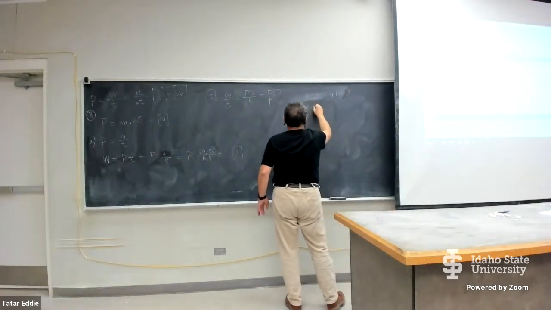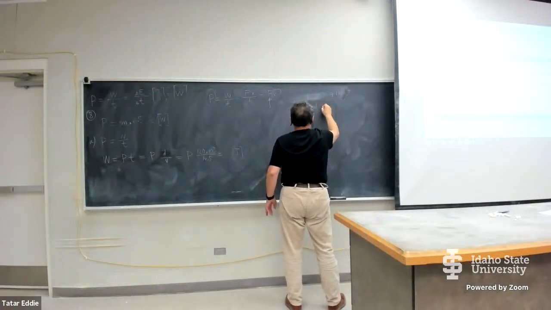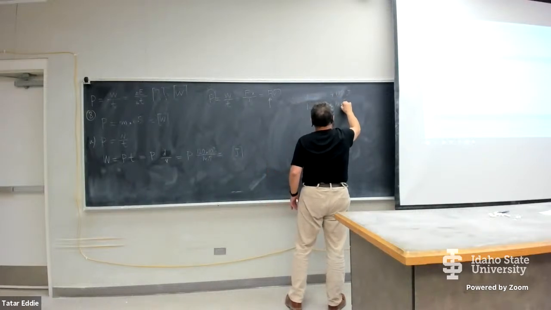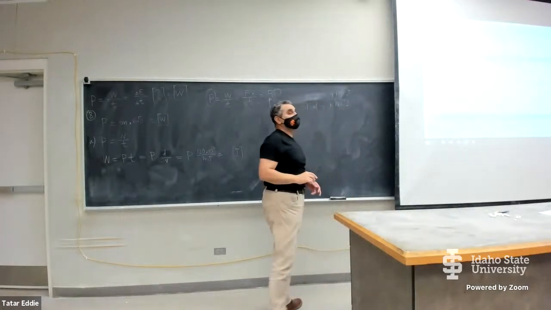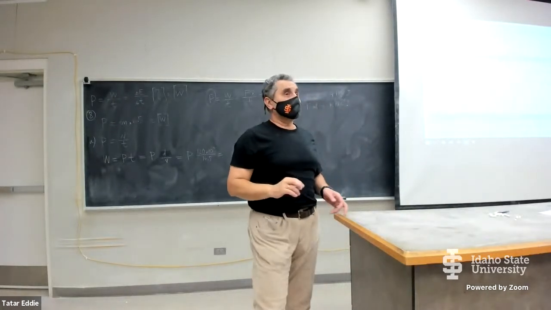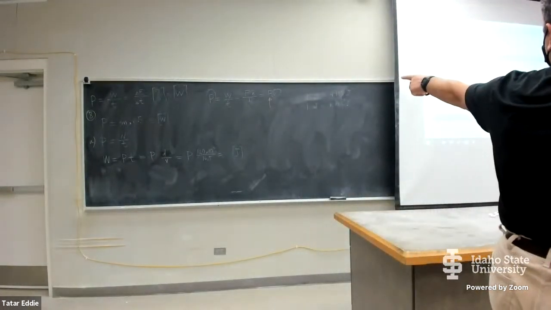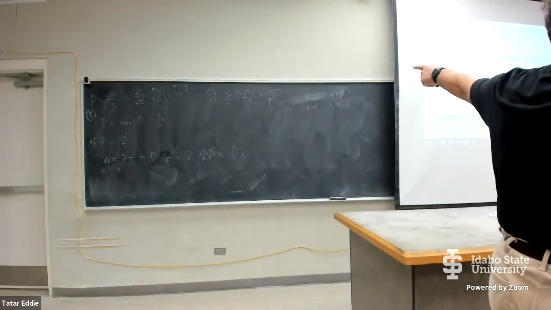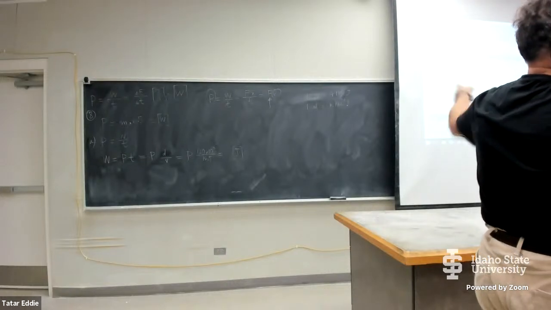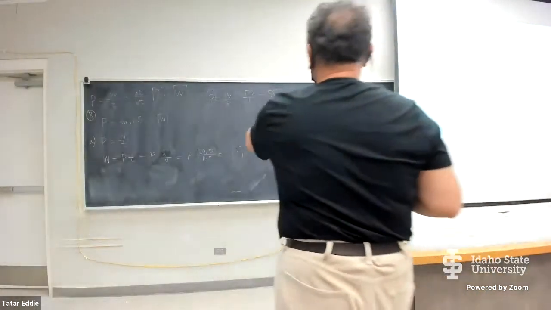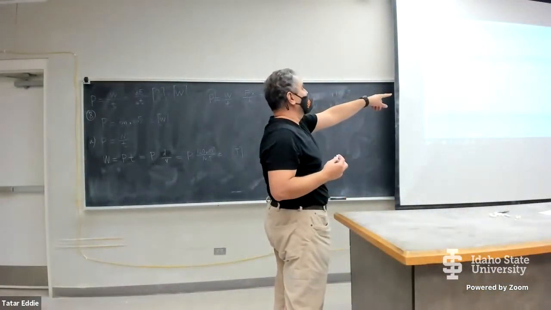And the small calorie, lowercase calorie, is 4.186 joules, a 1,000 times difference. So usually in nutritional labels, by calorie they mean a big calorie, large calorie, capital C. And they even say that 1 joule is this number of calories.